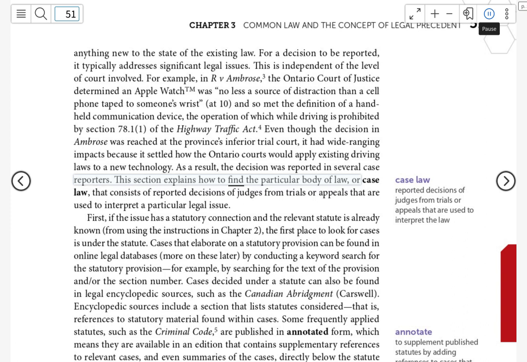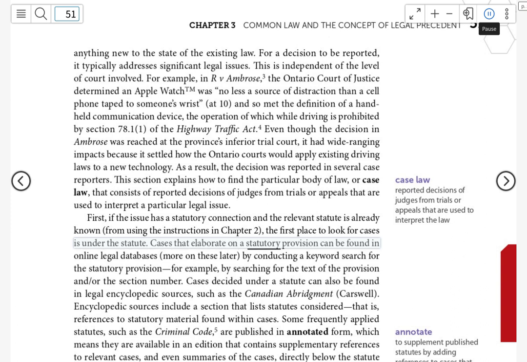This section explains how to find the particular body of law, or case law, that consists of reported decisions of judges from trials or appeals that are used to interpret a particular legal issue. First, if the issue has a statutory connection and the relevant statute is already known, from using the instructions in Chapter 2, the first place to look for cases is under the statute.